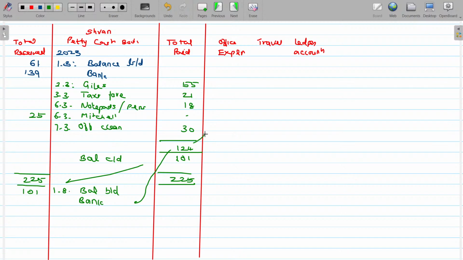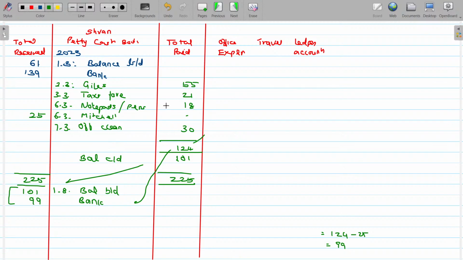Amount spent 124 minus amount recovered 25. If you subtract the amount recovered, the restoring amount will be 99 only. So you have to post here only 99 rupees. Be careful here. Otherwise, always cross verify this value is equal to the imprest amount. The imprest amount is 200. After the amount recovered from the bank, it should be equal to 200 only. So we have 200, no problem. What we have done is correct.